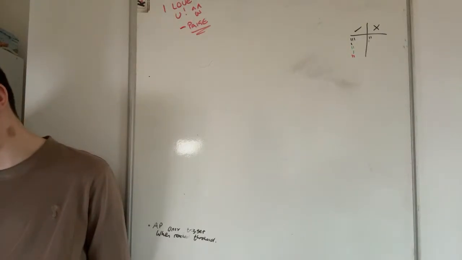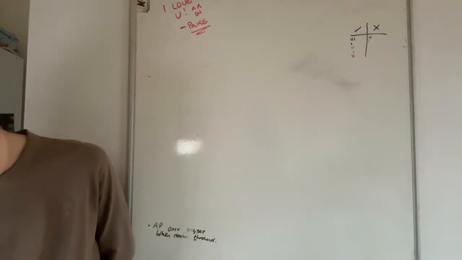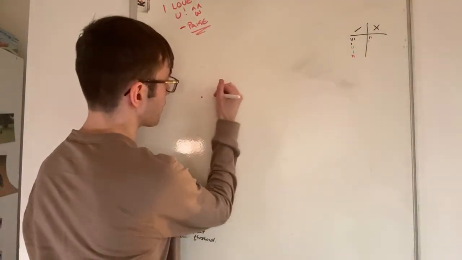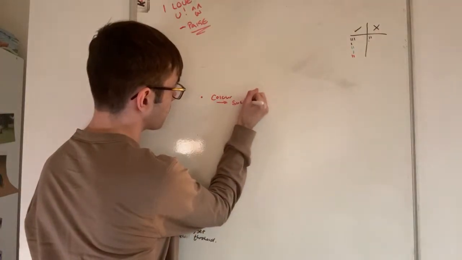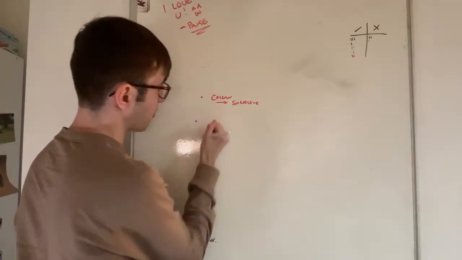Suggest why this method would be less accurate and how the accuracy of the method could be improved. 2 marks. Why would it be less accurate? Because a colour change is subjective, so it will be different for every person.